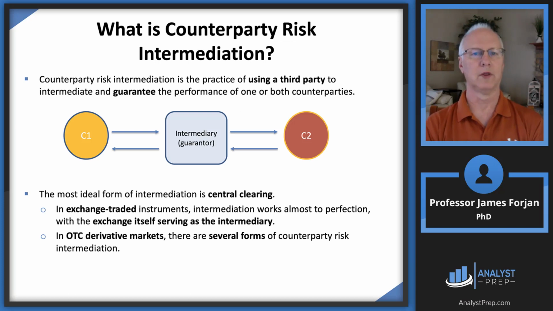Let's go ahead and start with a really simple question here. Notice that there are two parties here, Counterparty 1 and Counterparty 2. Let's just suppose that's the two of us sitting across a table, and we want to trade some kind of derivative contract. Maybe it's an interest rate swap. Maybe it's a structured note. So what are we doing? We're looking at each other and saying, all right, here's this structured note that we want to trade.